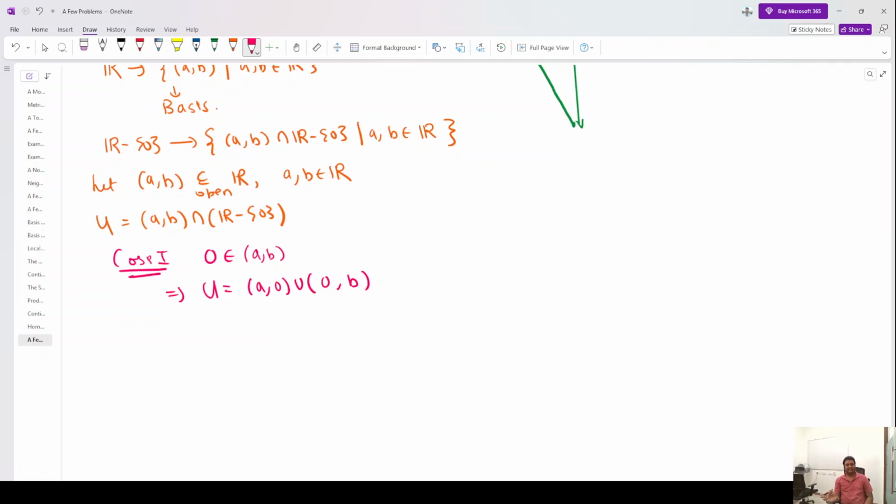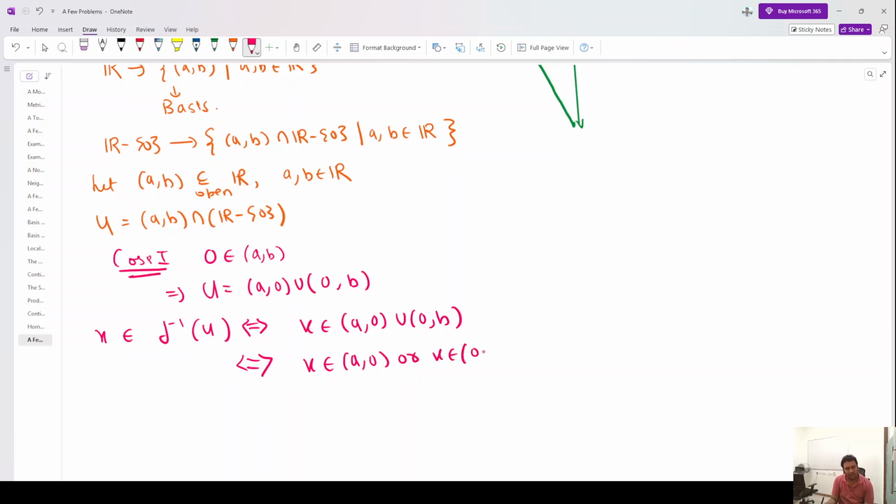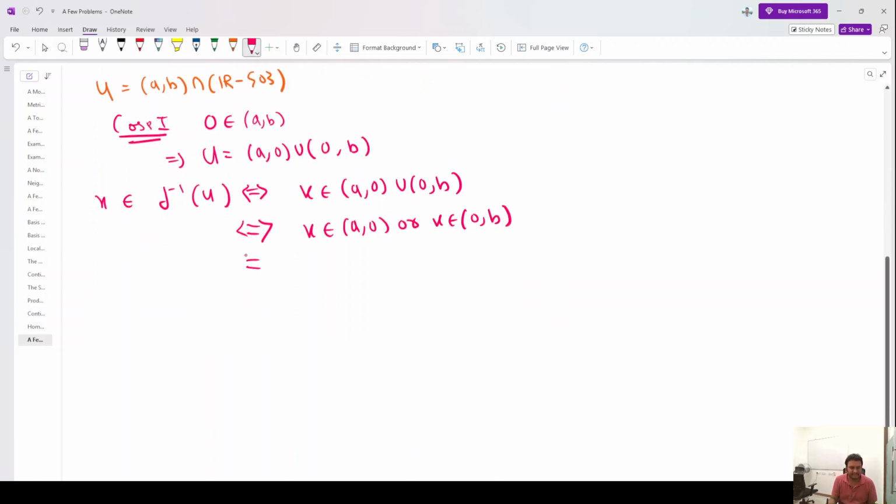Now let us see what is the inverse image. Let's say x belongs to f inverse of U. Both ways, this implies x belongs to (a, 0) union (0, b), which implies x belongs to (a, 0) or x belongs to (0, b).